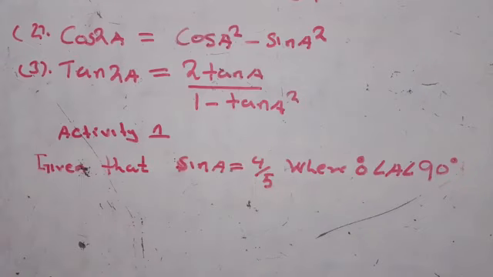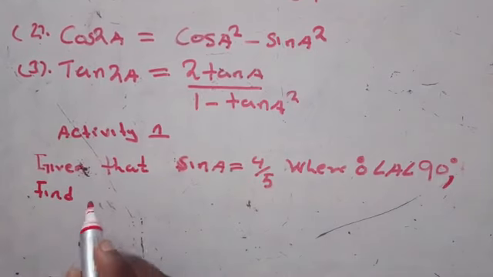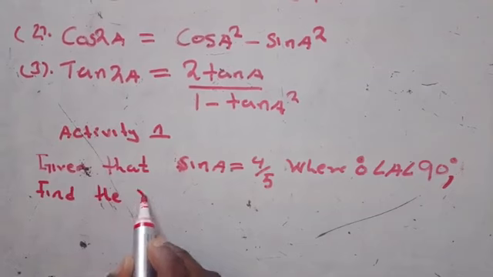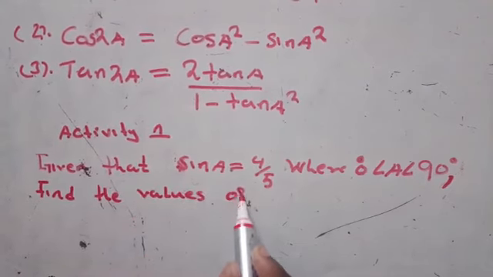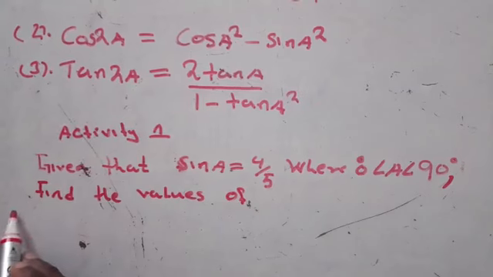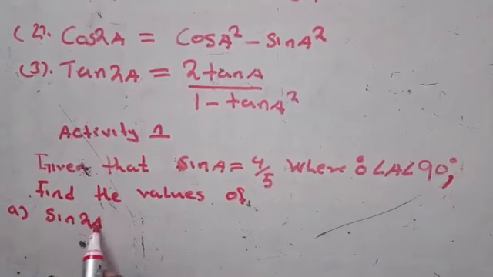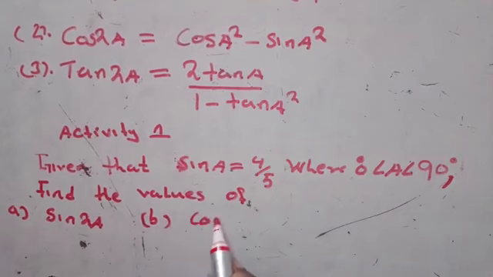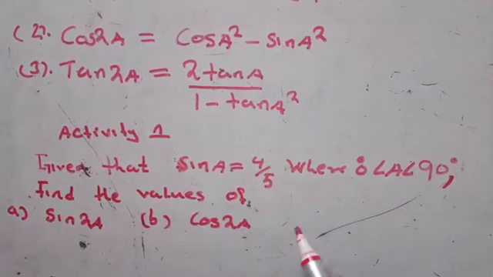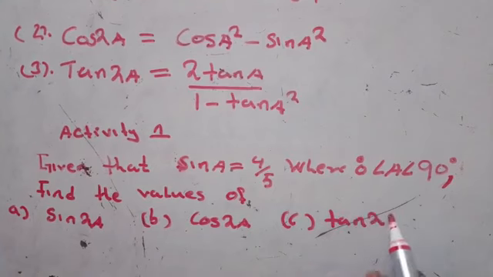find the values of A. Question A, we have sine 2A, question B, we have cos 2A, and C is tan 2A.